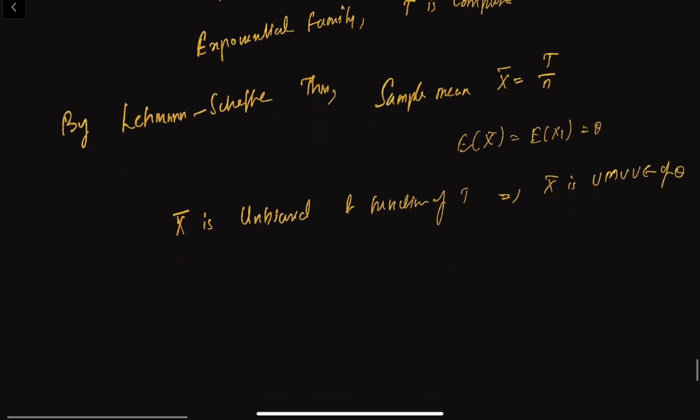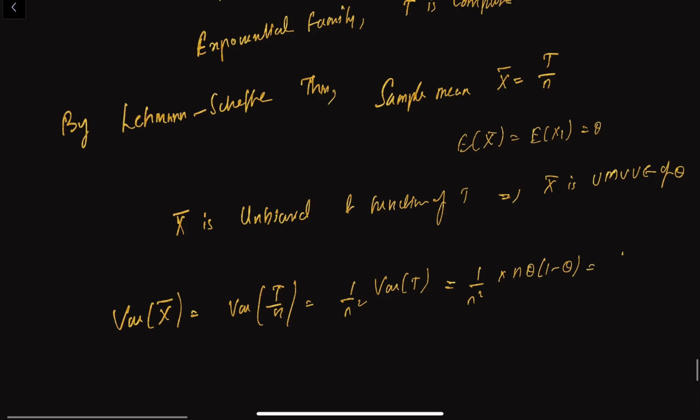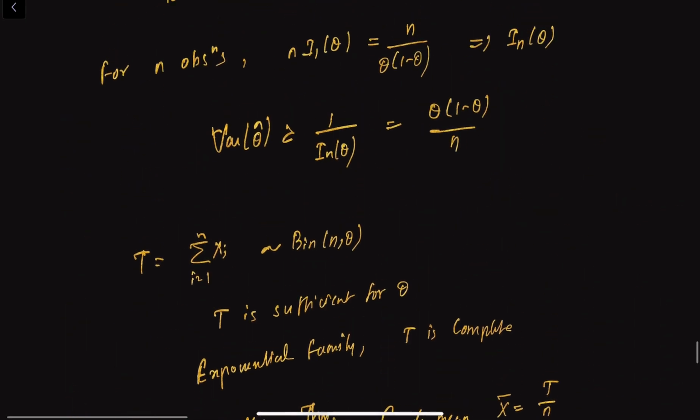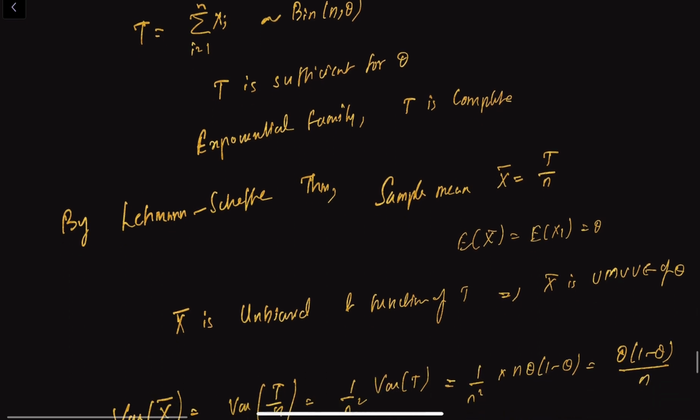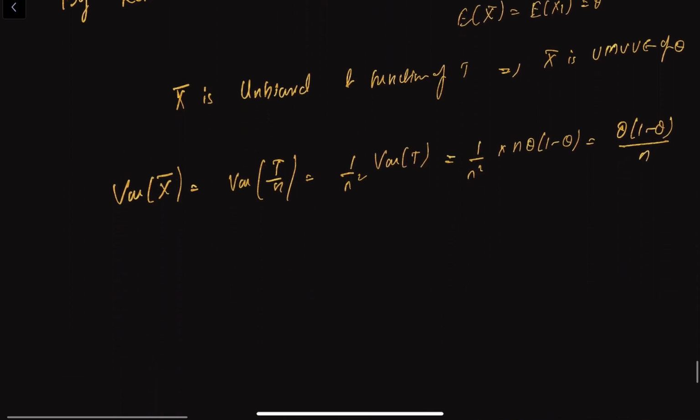And if we find the variance of X bar, that is variance of T by n, which is 1 by n squared times variance of T, that is 1 by n squared into n theta into (1 - theta), which is theta into (1 - theta) by n. This is equal to the Cramér-Rao lower bound that we got earlier. So X bar attains the Cramér-Rao lower bound.